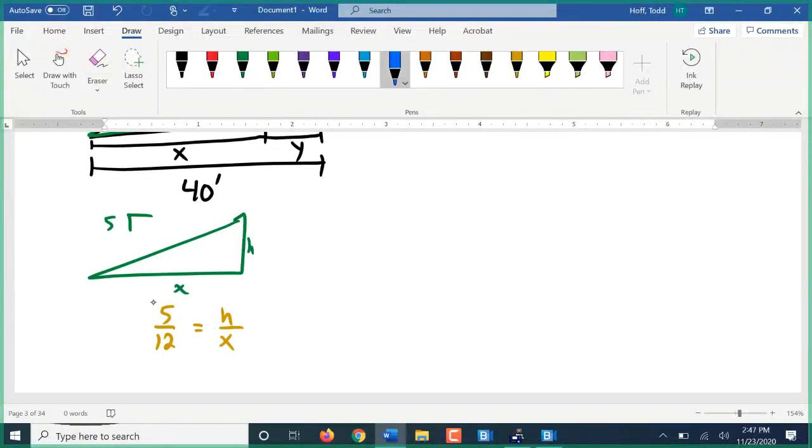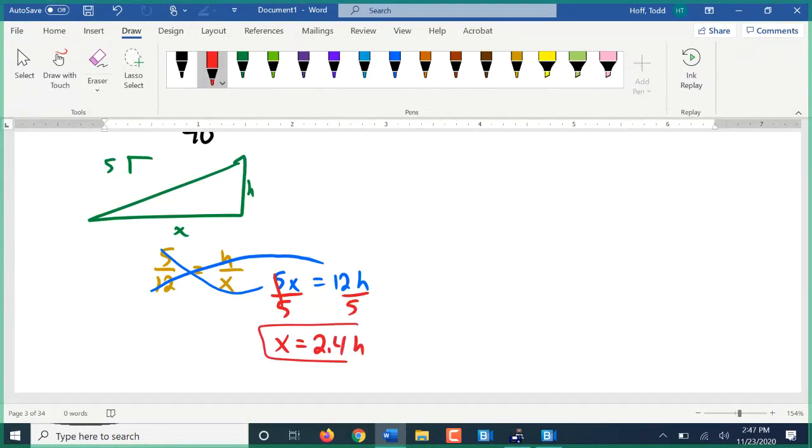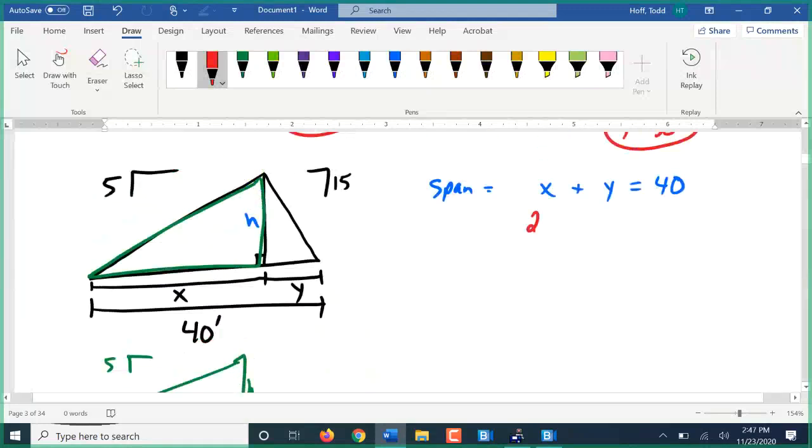And we cross multiply. 5 times x is 5x, equals 12 times h is 12h. Here I'm going to go with decimals. I divide by 5, I get x equals 12 divided by 5 is 2.4h. So I'm going to put 2.4 times h there.